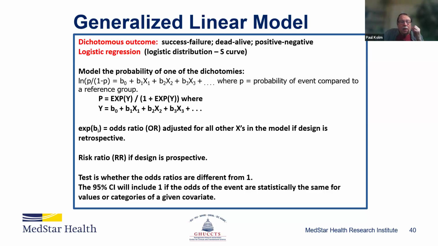And so in the logistic regression or any other type of regression, whether you have categorical outcomes, then if the 95% confidence interval includes 1, then that means that the odds are statistically the same for the values of the categories of a given covariate.